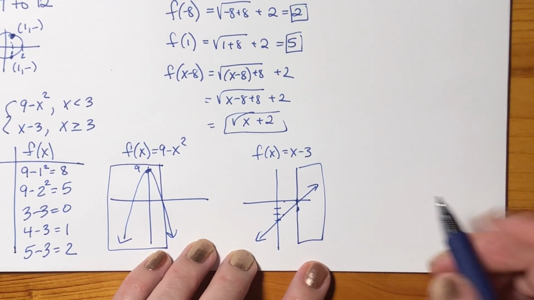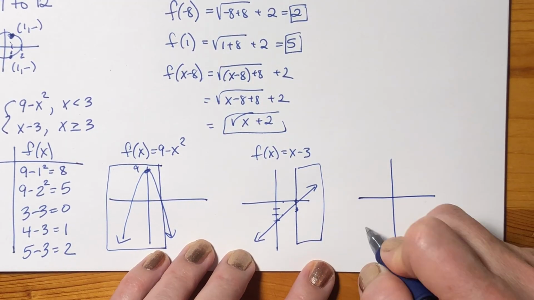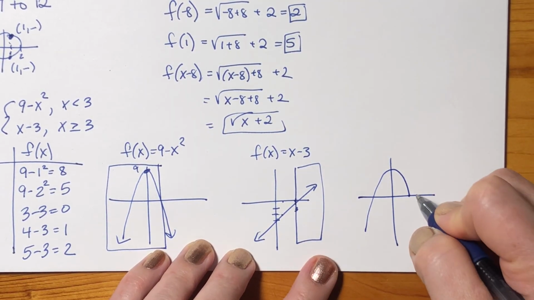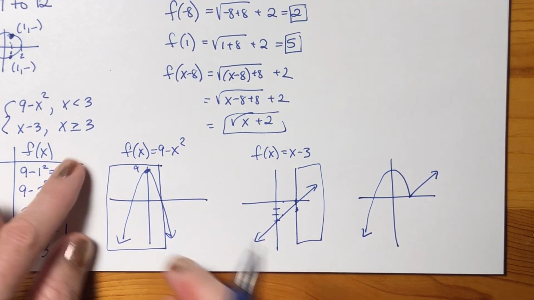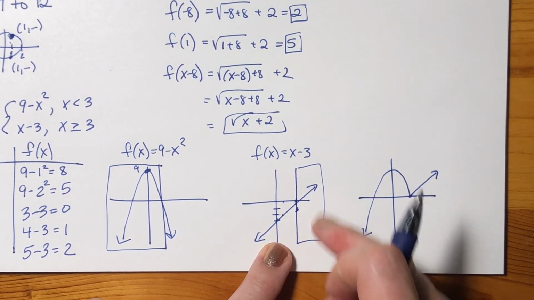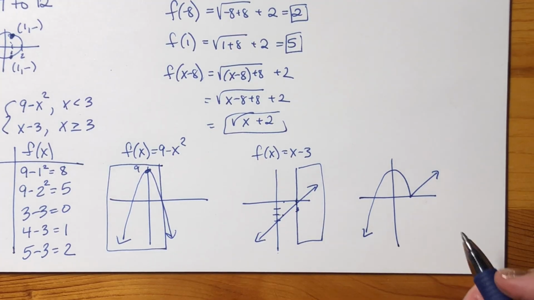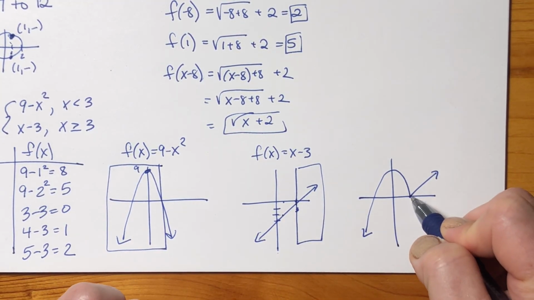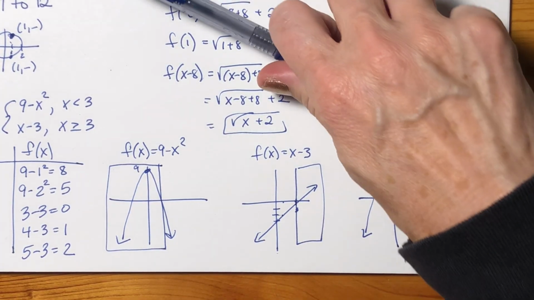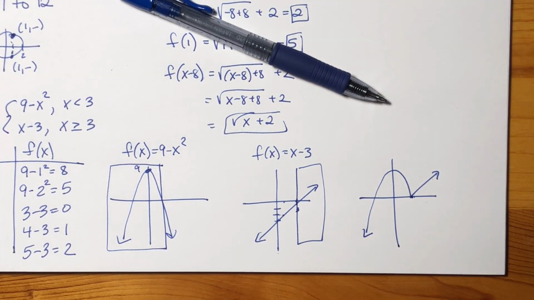Now, it doesn't always look pretty, but it's exactly what you'd think it would look like. Just this part, if you could cut it out and stick it over here, and cut this one out and paste it over there. So this would be the piecewise function. We're going to use this function where x is less than 3 and this part when it's greater than 3. Okay? Have fun on your problem set, everybody.